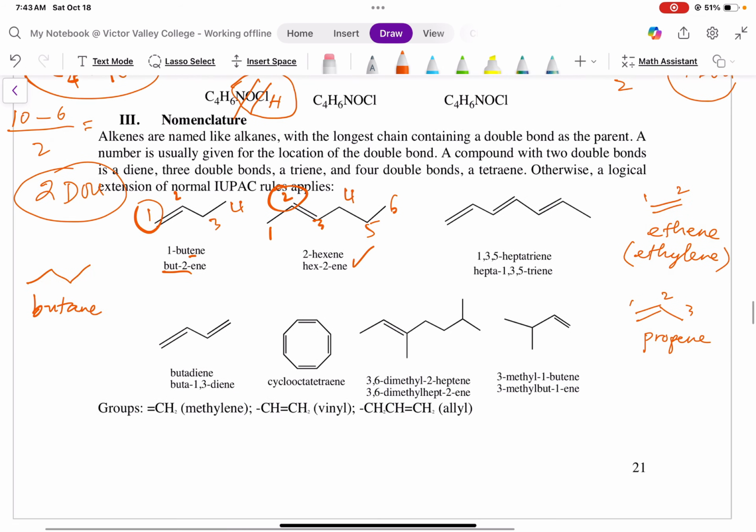If you have 2 or more, it's no big deal. 2 means di. So that's 1, 2, 3, 4. You only have to mention the first carbon of each double bond. So that's why it's 1,3-butadiene. Okay. There's also 1,2-butadiene.